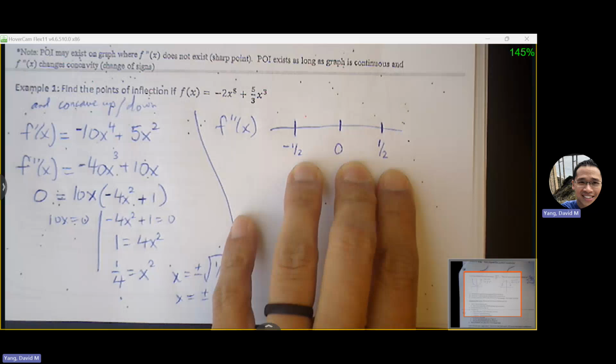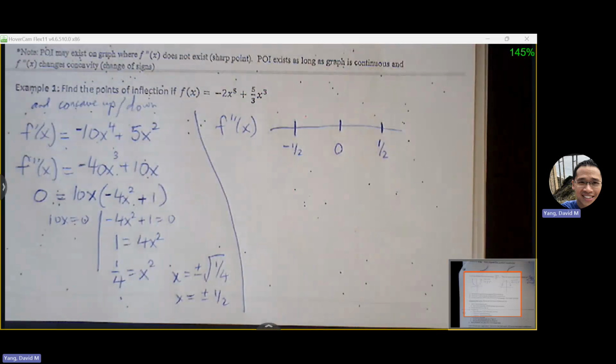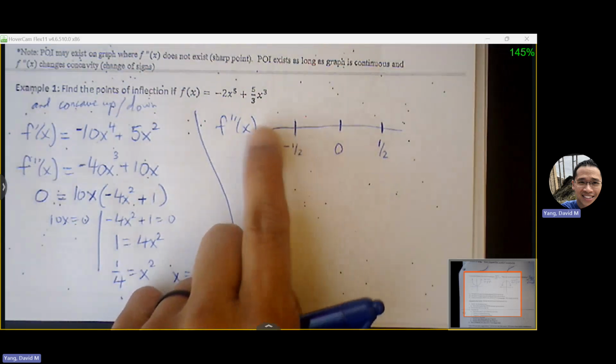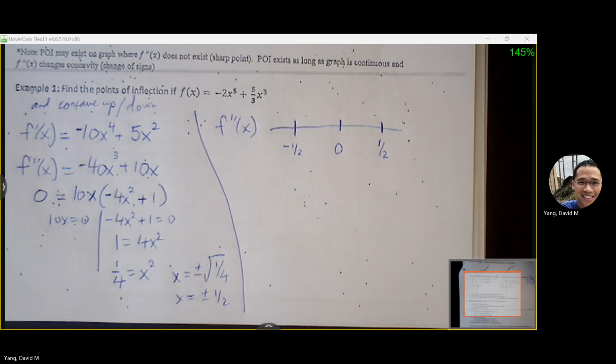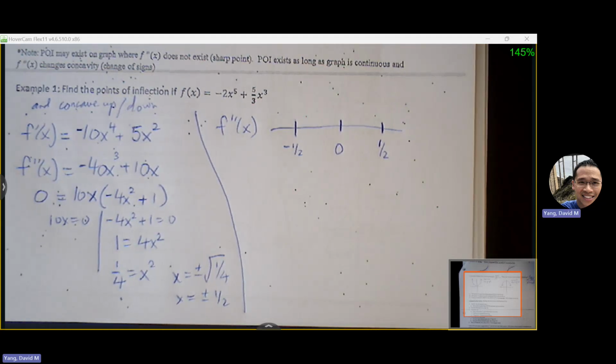So what we plotted here, these are now going to be our potential points of inflection. So points of inflection is where concavity changes, either from concave up to concave down, or from concave down to concave up. There has to be a change in signs in order for us to call these points of inflection. Just like with our first derivative sign line, we're going to pick points in each subinterval to test.